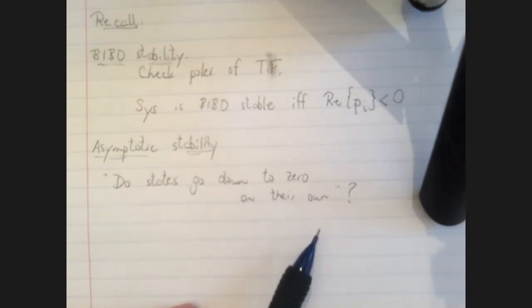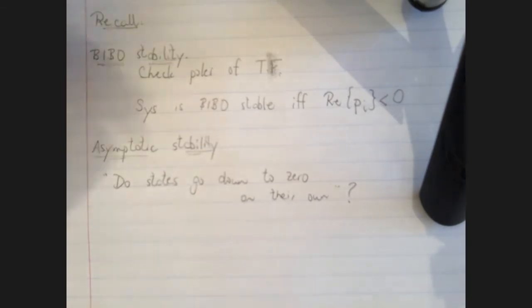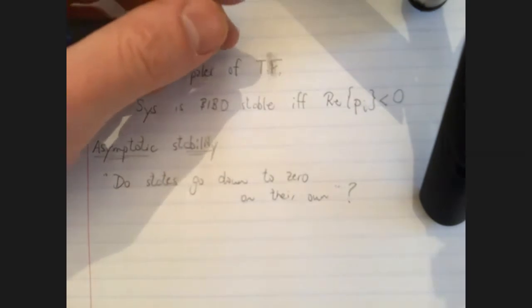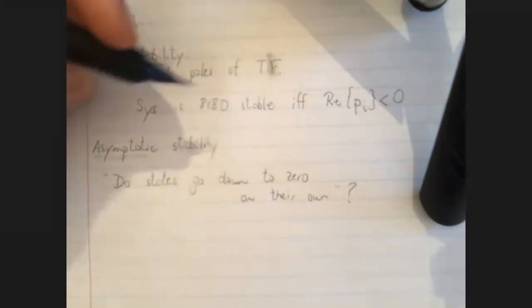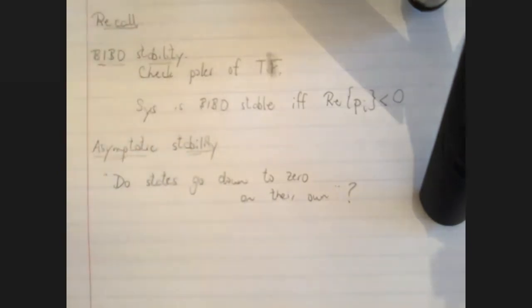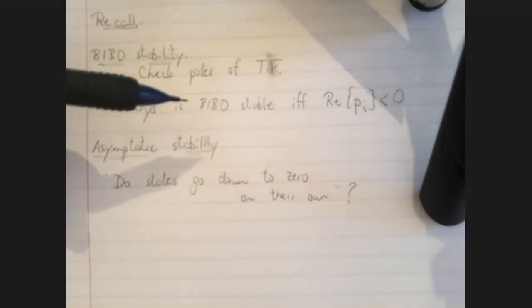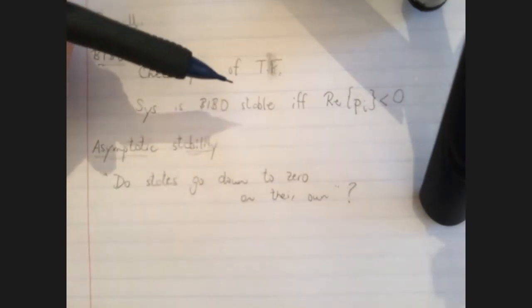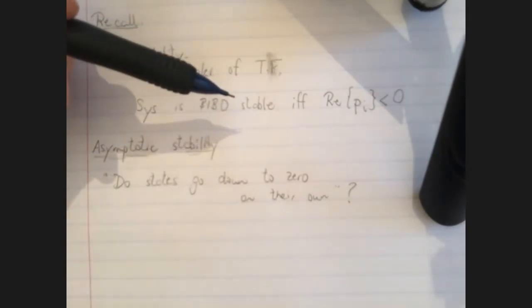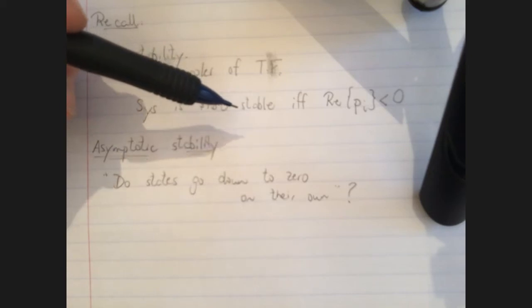Can I guarantee that my states are going to quiet down, provided that we've got no external input? That's the way we're going to look at asymptotic stability.